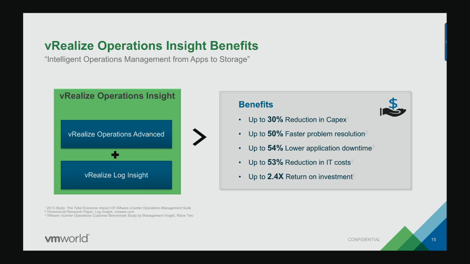The fun thing is, of course, the product is called vROI, and we're talking about the ROI it provides, which is actually phenomenal. Within 12 months, customers are getting 2.4x return on the investment they made on this tool. So that's just fantastic. I think within 90 days, more than 80% of customers report 1x return, which is pretty fast. So you basically get value from the get-go.